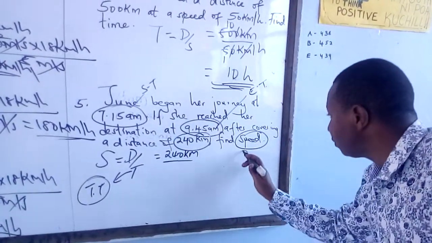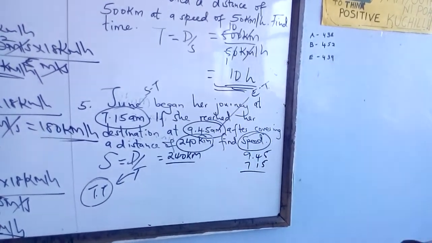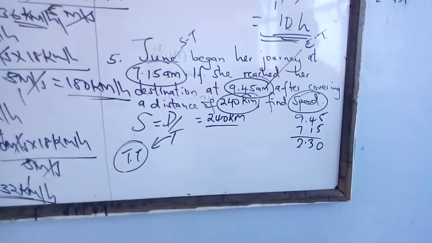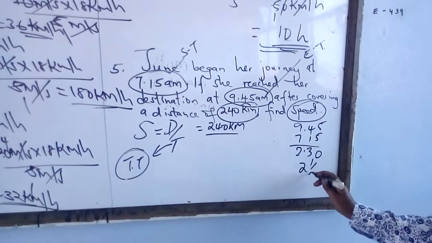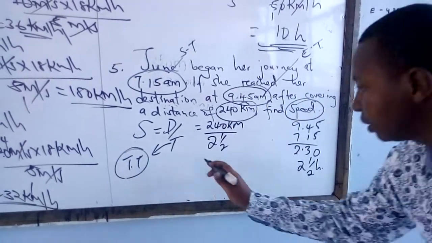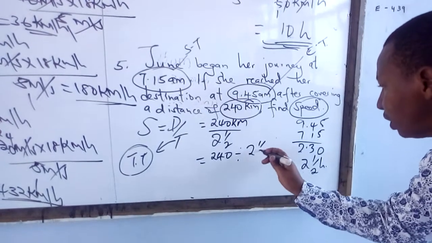So you take your 9:45, you subtract 7:15. So it means it is 2.5 hours. So we are dividing by 2.5 hours, which is 240 divided by 2.5.